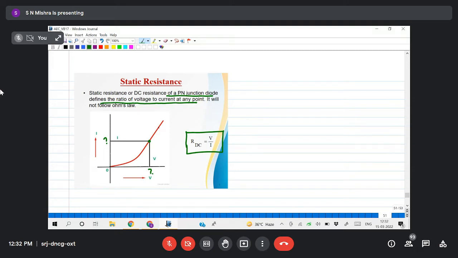Suppose I want to find the resistance at this point, then I take the current and voltage. What is my voltage? What is my current? And I take RDC1 equals V1 by I1. Can these two resistances be equal? Suppose I take two points and calculate two resistances from this voltage and current, will they be the same or different?